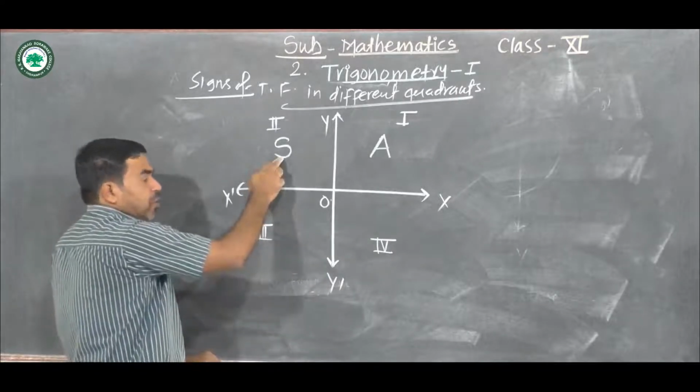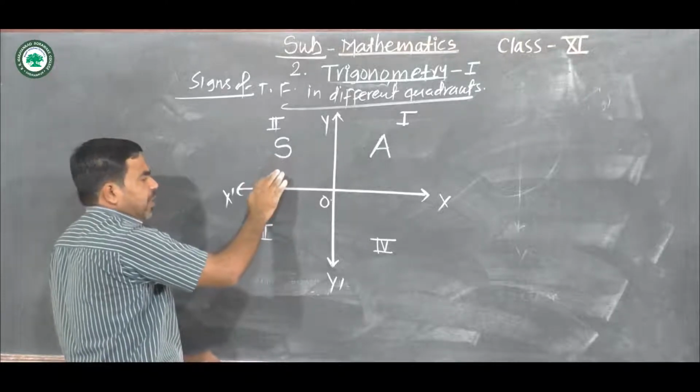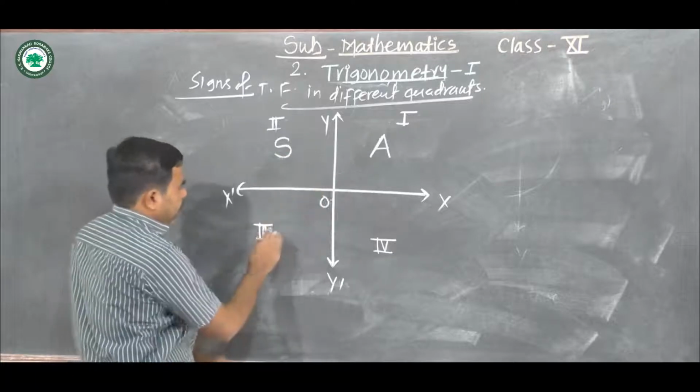Sine and cosec are positive, remaining negative. Those ratios which are negative, there is no need to write them here. You just remember, sine and cosec are positive, remaining negative.